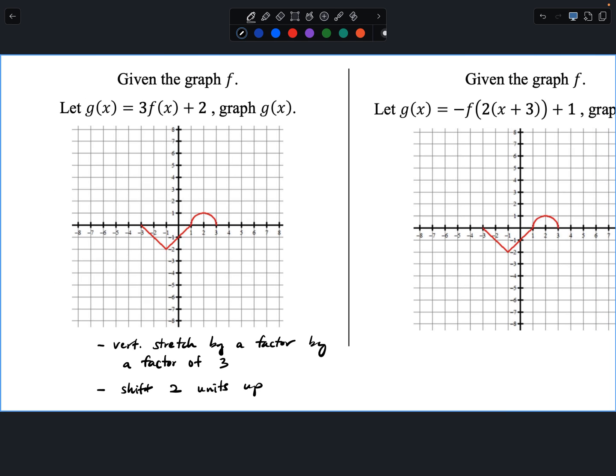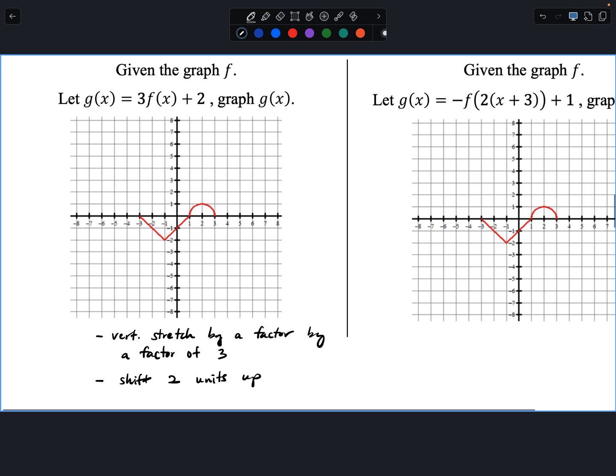All right, so I'm going to pick some points. So if I start here, guys, vertical, remember, is either this way or this way because they're going up or down. What's the y value right here? 0. So if I triple that, it's still 0. But then from there, I have to go up 2.